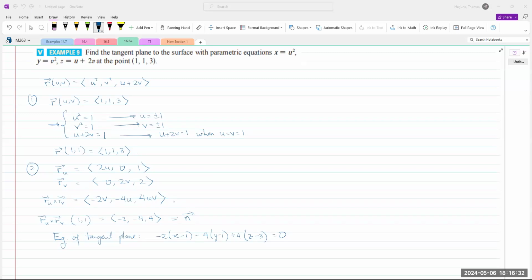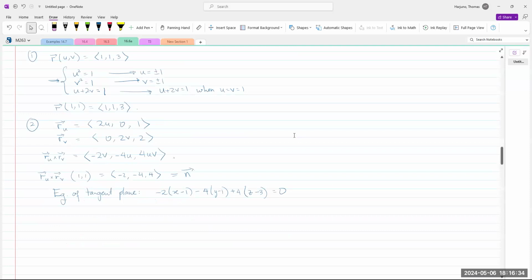Okay, and then I think we can reduce by 2. Let's reduce by negative 2. So if I reduce by negative 2, then I will get (x minus 1) plus 2(y minus 1) minus 2(z minus 3).